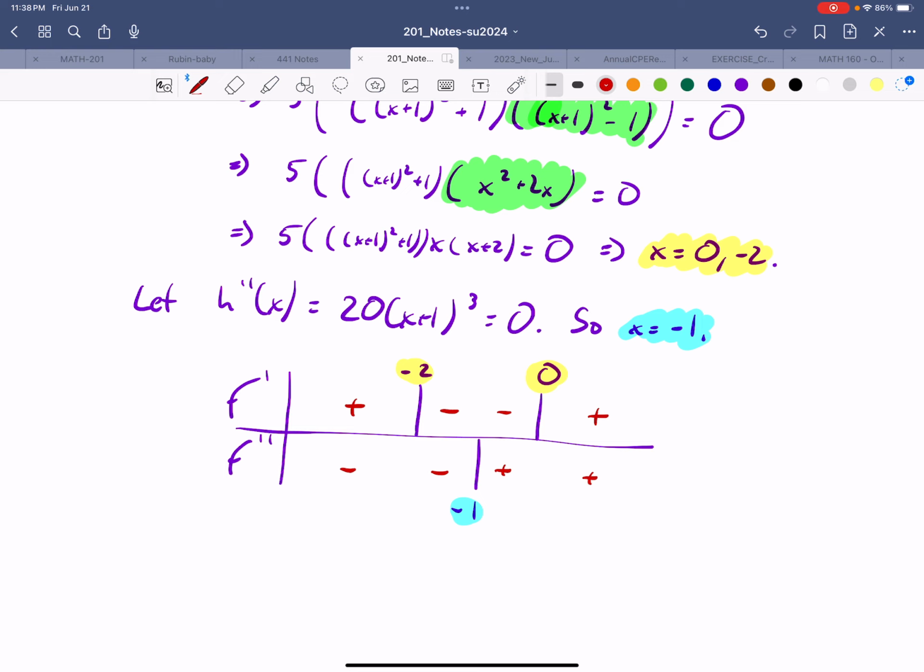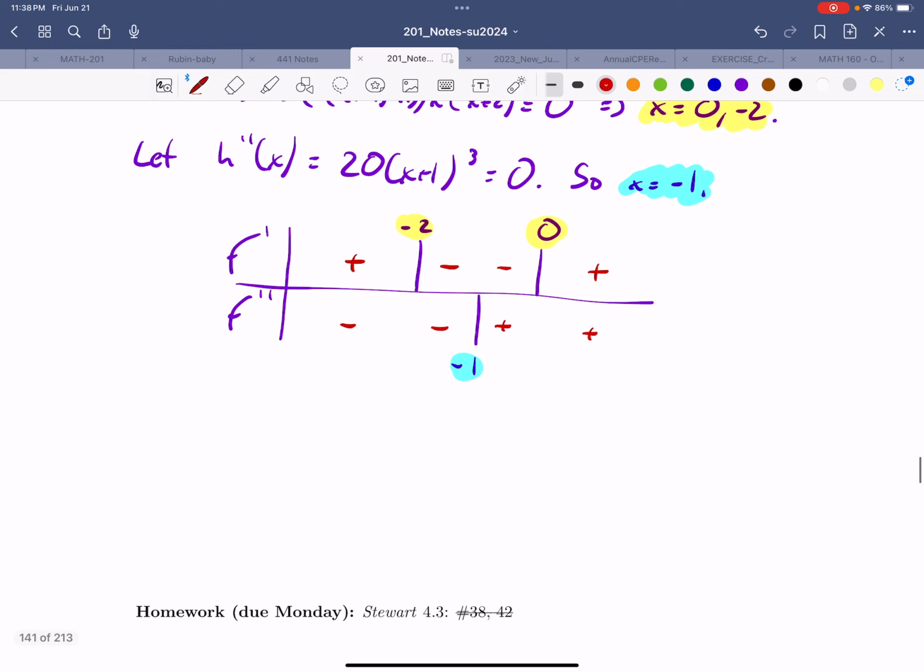Right? So now we just write all of our information. Okay? So we'll just say f is increasing on negative infinity to negative 2, union 0 to infinity, and decreasing on negative 2 to 0.